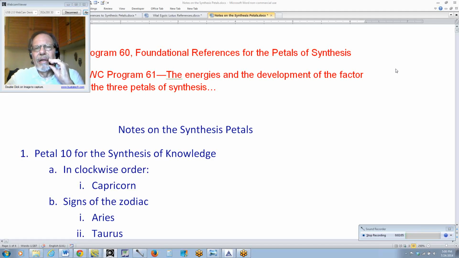Probably at the 1st degree, the knowledge synthesis petal unfolds somewhat, and then at the 2nd degree, the knowledge continues to unfold, but the love synthesis petal unfolds somewhat, and at the 3rd degree, the knowledge and love synthesis petals continue to unfold, but the will synthesis petal unfolds somewhat.